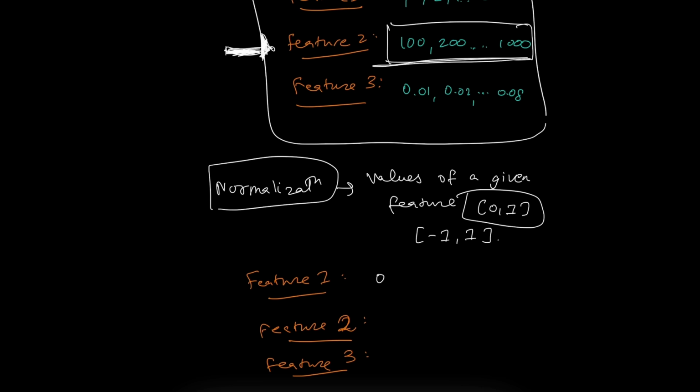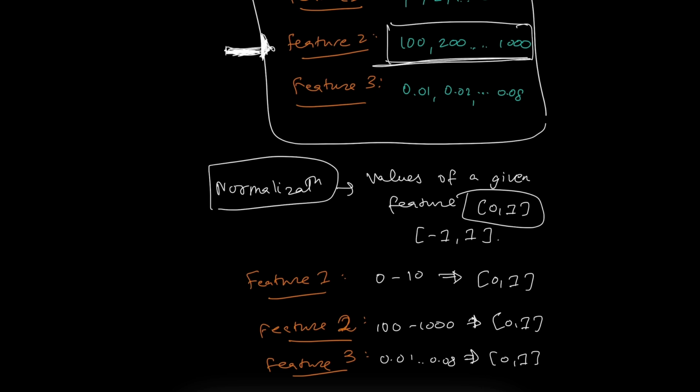So we will have all of these numbers from 0 to 10 mapped to a range between 0 to 1, and that will be the same. Basically the range between 100 to 1000 will be mapped to 0 to 1, and the same for the lower values as well.